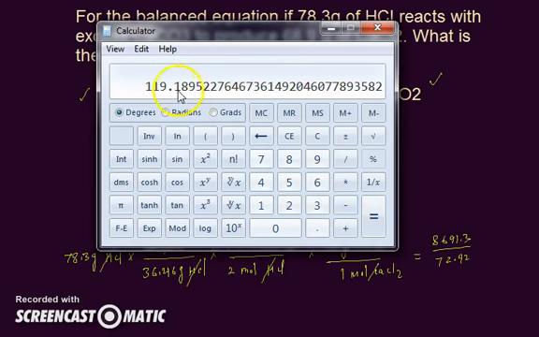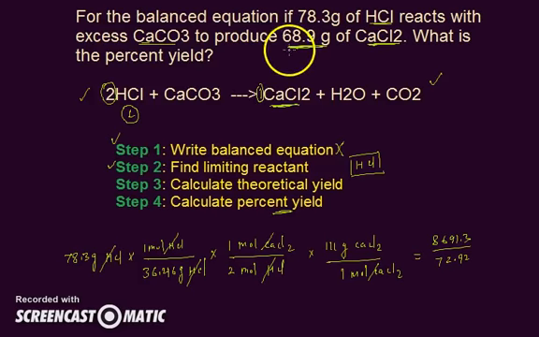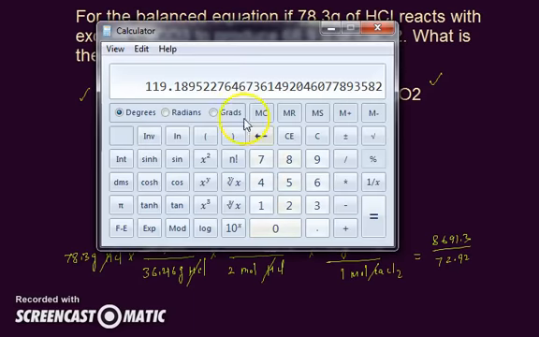But we have to pick this value with the least significant figures. The mass of the reactant is given with 3 significant figures, and the mass of calcium chloride is also given with 3 significant figures. That's why we pick this value with 3 significant figures. 1, 2, 3, up to 9 we have 3 significant figures. We look at the digit next to 9, that is 1, and 1 is smaller than 5.